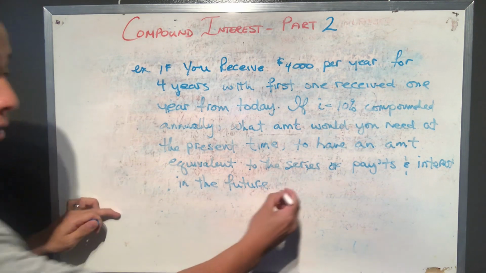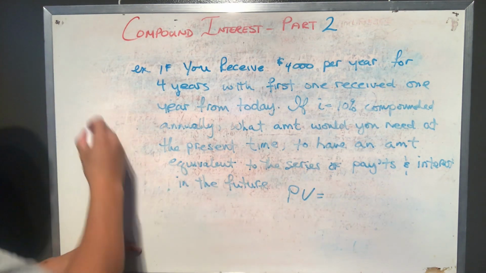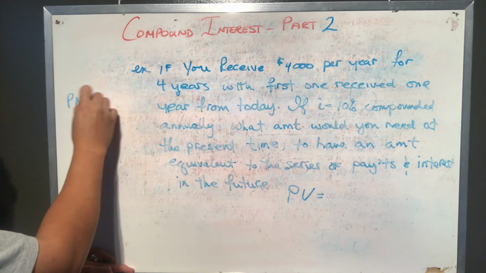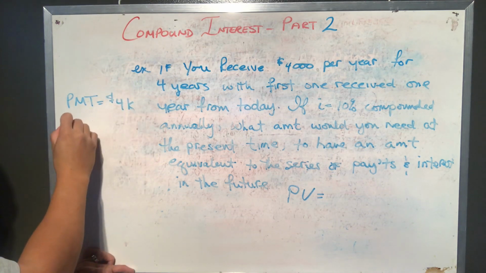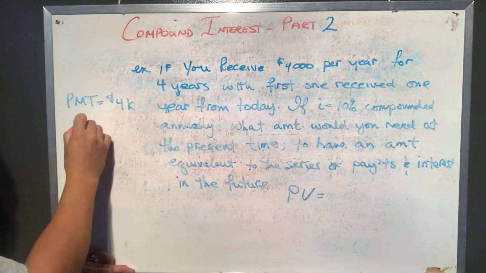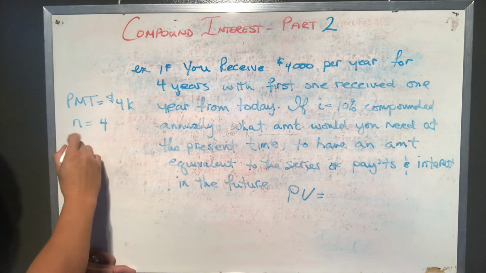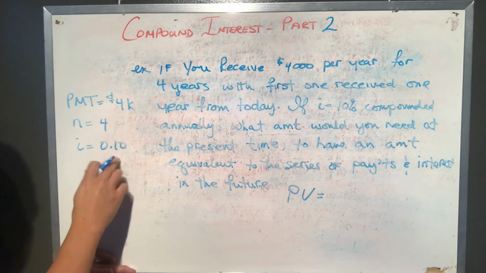So in this case, we are calculating the present value. What are our given amounts? Our payment amounts are $4,000. Our N, or compounding periods, is 4, for 4 years compounded annually. Our I is equal to 0.10, 10%.